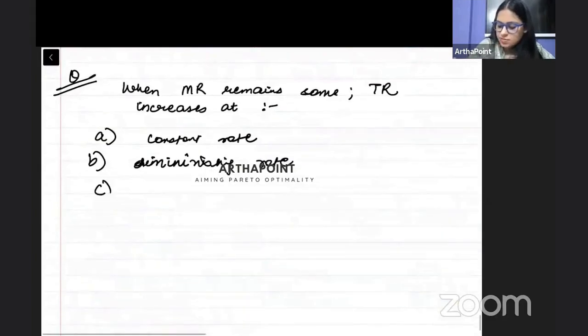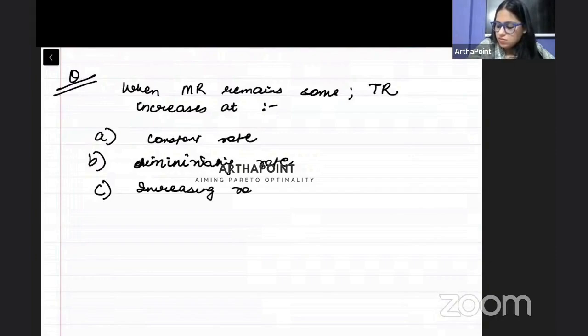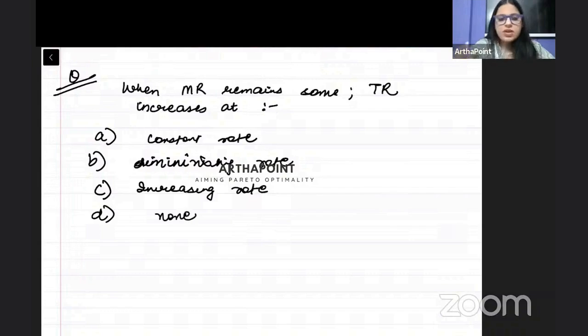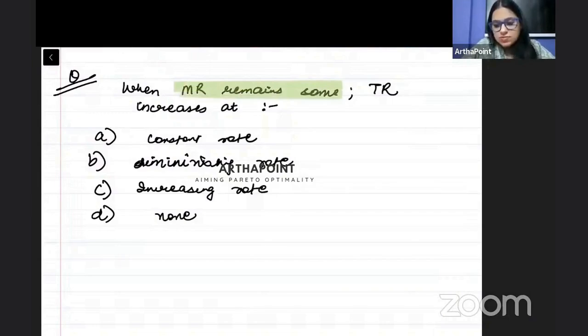Option number C, increasing rate. Option number D, none. Better try to see this thing. MR is constant. Same matlab constant. If MR is constant, then what will happen to TR? Beta, TR will increase at a constant rate only.